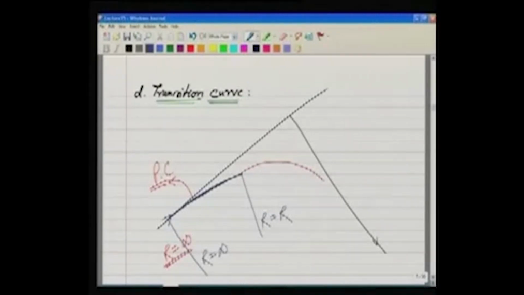This is why we call it a transition curve. So this is for comfort, and for less wear and tear in the vehicle.